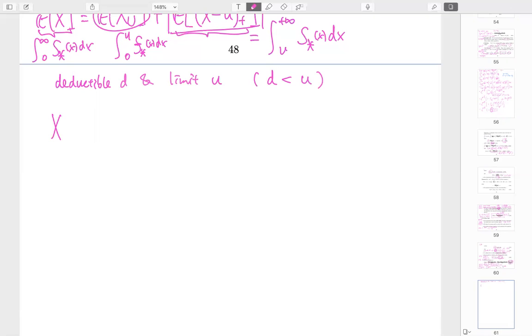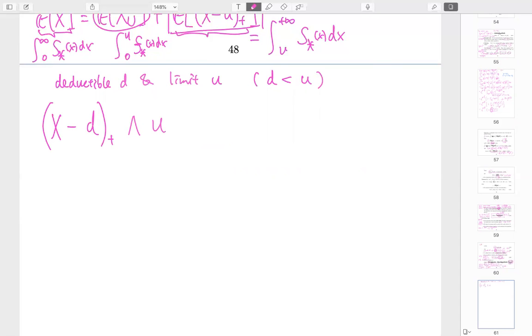Originally it's X. First of all, I need to apply the deductible. This is the amount the insurance company may need to pay after applying the deductible. And then there's a limit. The amount paid will not be bigger than this u.